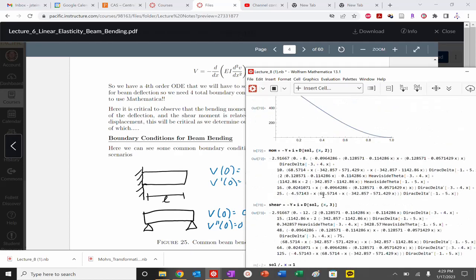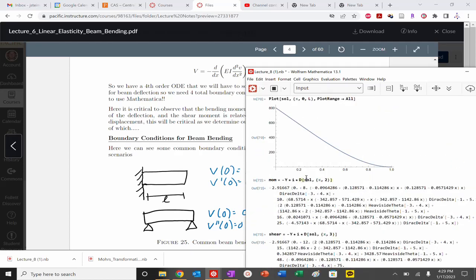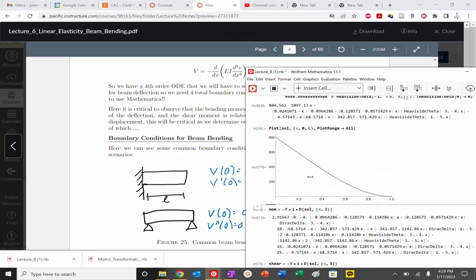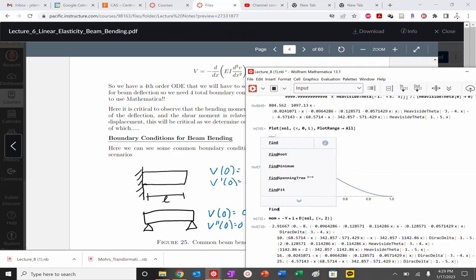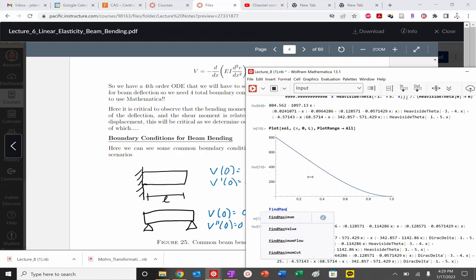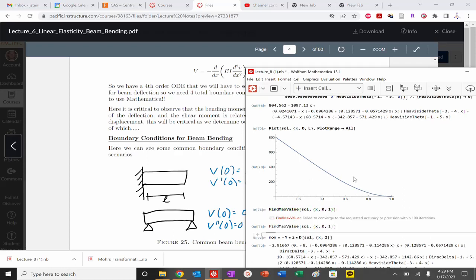We can actually, for example, for sol, find the maximum value. Find the max value of sol in the range of x from 0 to 1. Let's see.